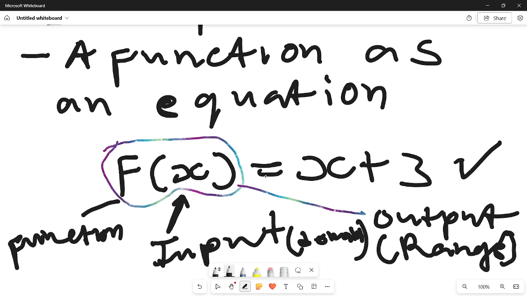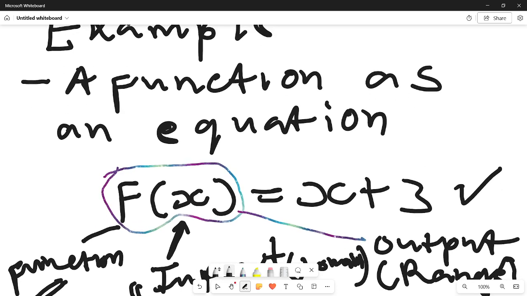We have the function, which is represented using f. Then we have x, which is the input to the function. And we have f of x, which is the output. In this case, we have represented a function as an equation.